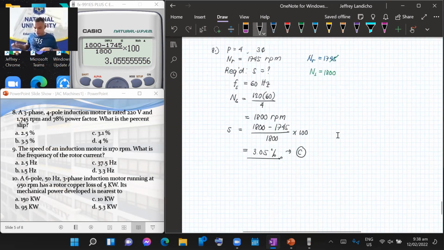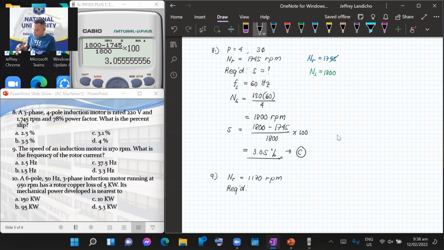Okay po ba? So I want to see problem number 9. Number 9, the speed of induction motor, so therefore that is NR, RPM. What is the frequency of the rotor starter?